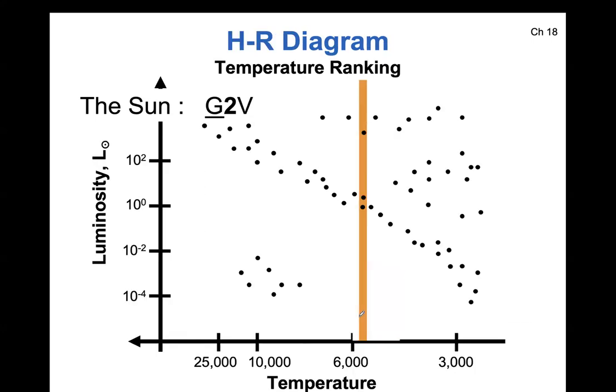If you moved up, you'd have G1 stars, and then G0 are the very hottest of that spectral class. So a G0 star would correspond to 6,000 Kelvin, whereas a G2 corresponds to 5,800 Kelvin, which happens to be the value right here.